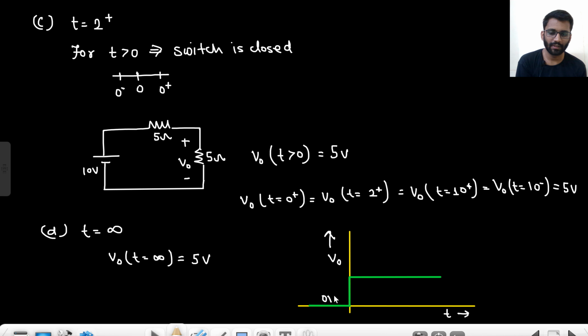It was 0 volt, and then suddenly it goes to 5 volt at t equals 0, when the switch is closed. Are you getting this point? I hope you are understanding this point, right?